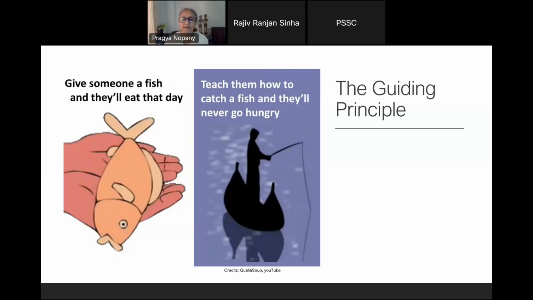So that is the principle: if we give ready-made answers to our children, they will surely mug it up, and then they will give us wonderful answers in the exam and get beautiful marks. But when they go out in real life, will they be able to think for themselves in a new situation?